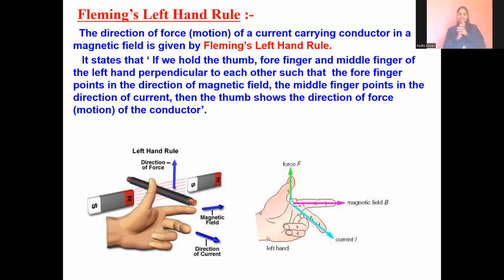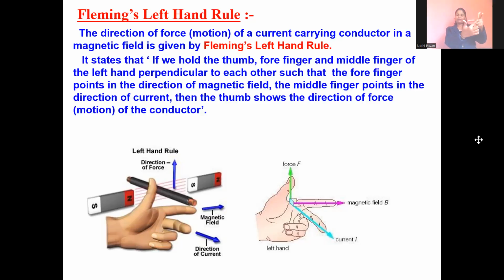It says that if we hold the thumb, forefinger, and the middle finger of the left hand perpendicular to each other, this is 90 degrees, and this is 90 degrees to this, right?